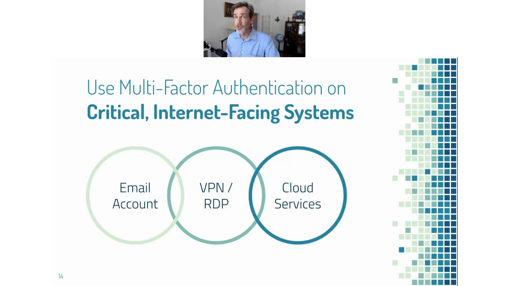If those are accessible just with a password, it's just a matter of time before they're breached. At the beginning of the pandemic, we saw a huge upsurge in the number of RDP brute force attacks. Hackers, criminals just logging into people's remote desktop access endpoints just by trying passwords until they get in.